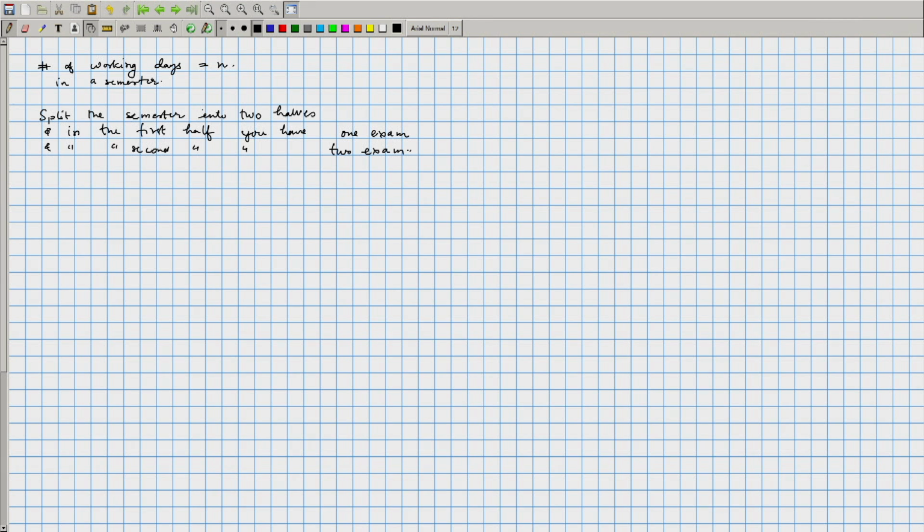Although we call it half, we can just split it into 2 parts. So we should probably refer to it as the first part. The first part will have one exam and the second part will have 2 exams. In how many ways can we design the semester with these exams? That is what we need to compute.